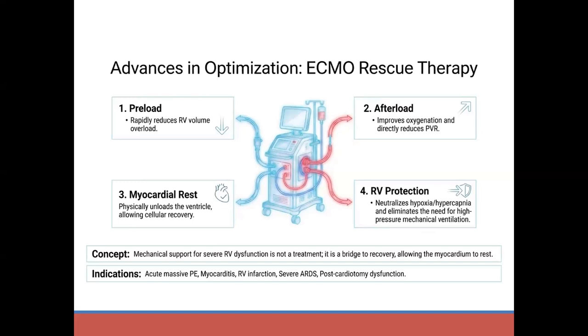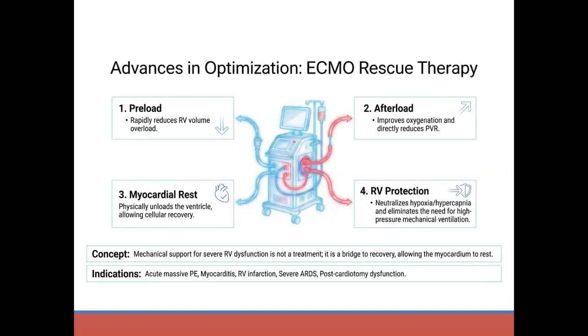How it can help you in optimizing the patient is that two cannulas go into the patient's body. One cannula is in the venous system and the other depends on what kind of ECMO, which is beyond the scope of this lecture. But how it works is that one cannula drains the blood from the body, and that's how it helps the RV handle the preload.